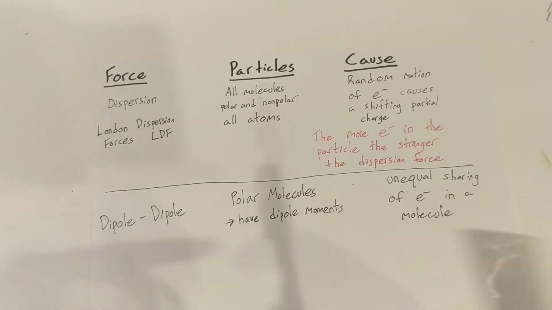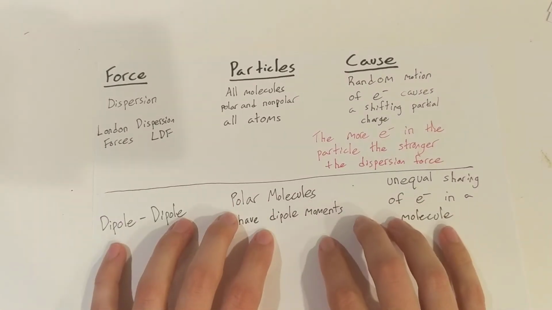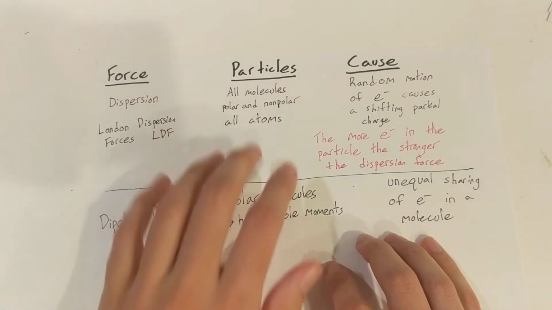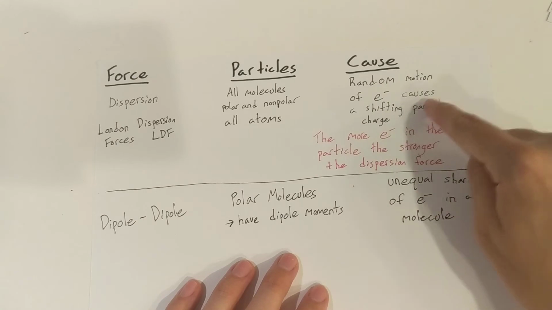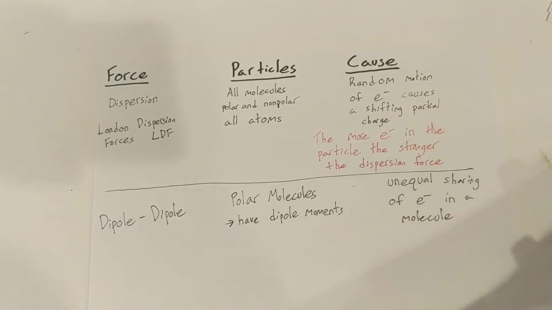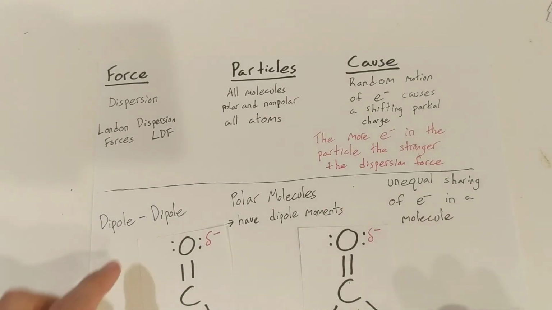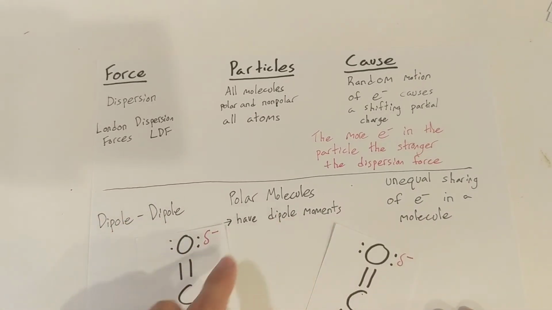So dipole moments are permanent. There's something built in to the molecule. So they have a stronger attraction usually than our dispersion forces. Because remember, our dispersion forces are caused by a shifting partial charge. Dipole-dipole forces are caused by a permanent dipole moment.